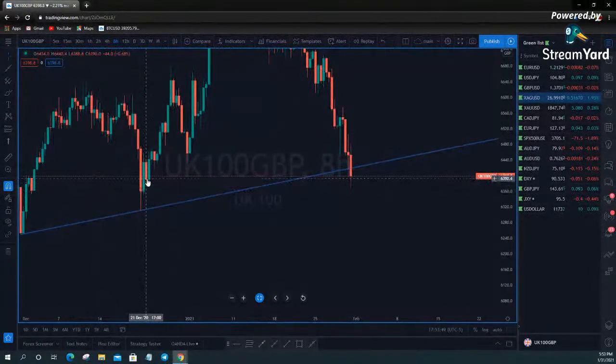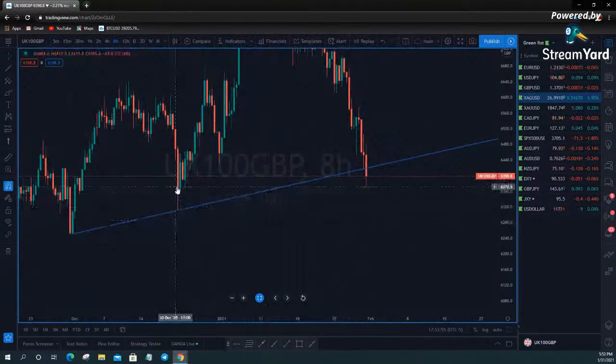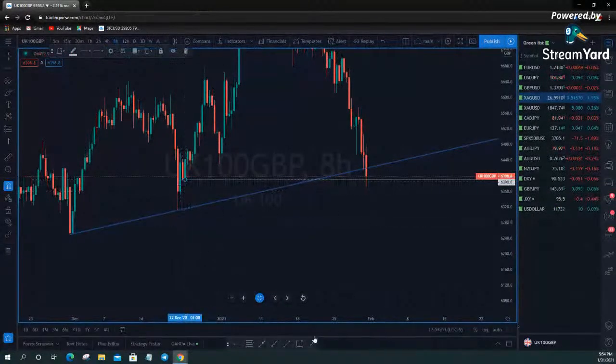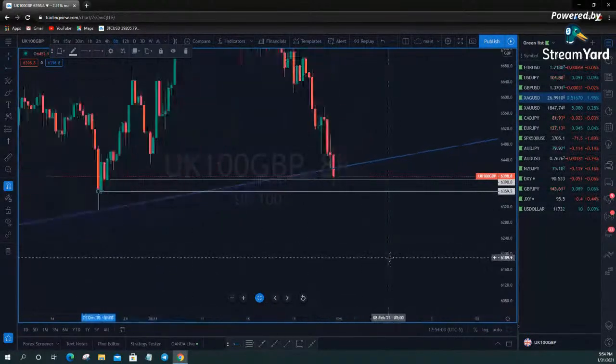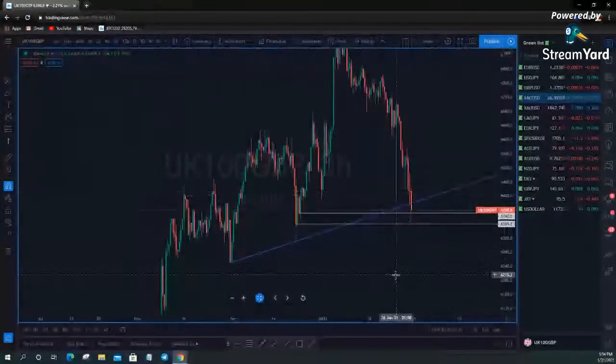But then you got one right below it right here too. So you are coming into an area where you have a lot of support. This first area of support, which seems to have caught price, and then this area here of support, which may catch price, and then obviously this trend line.